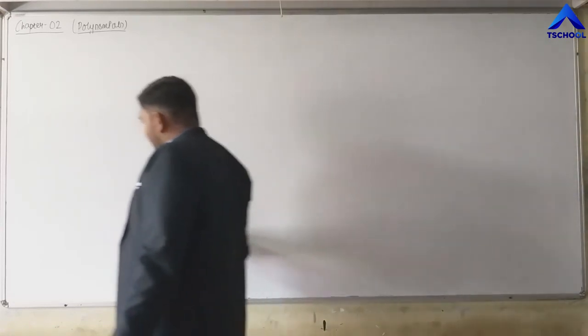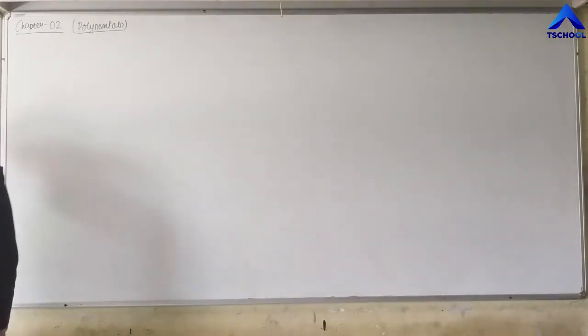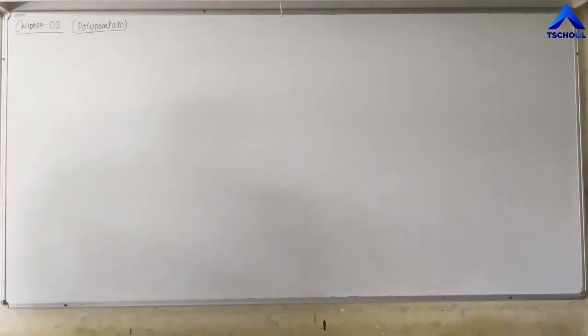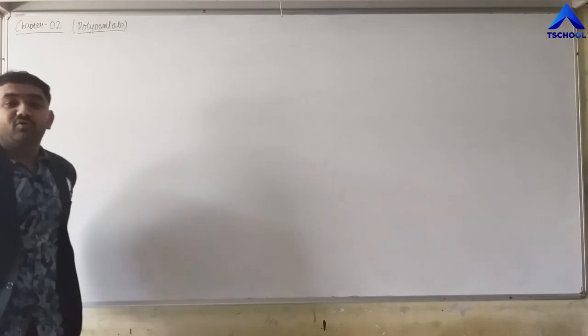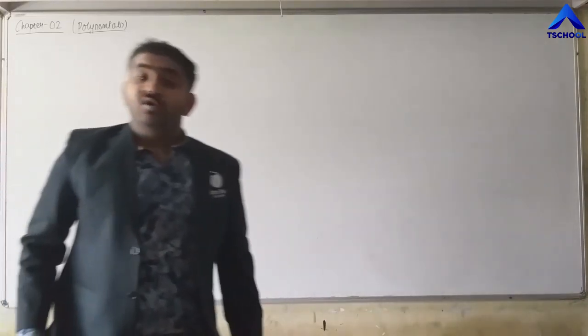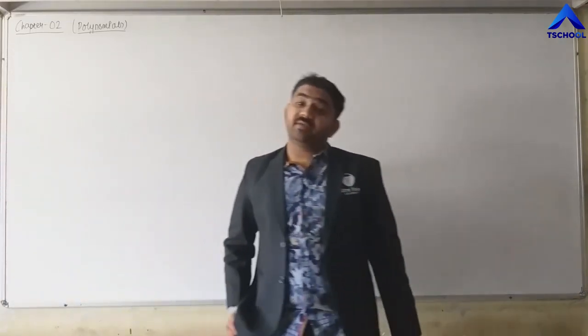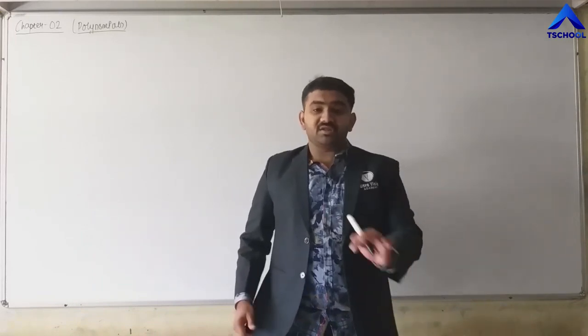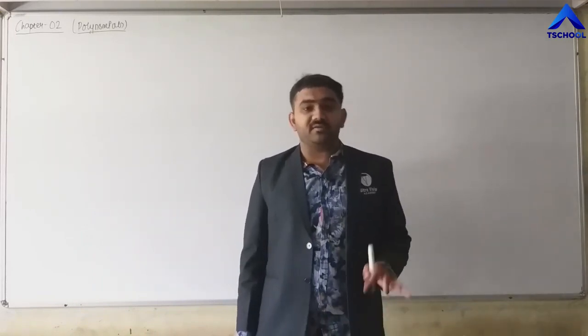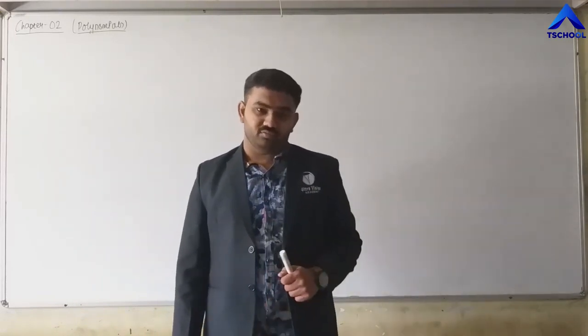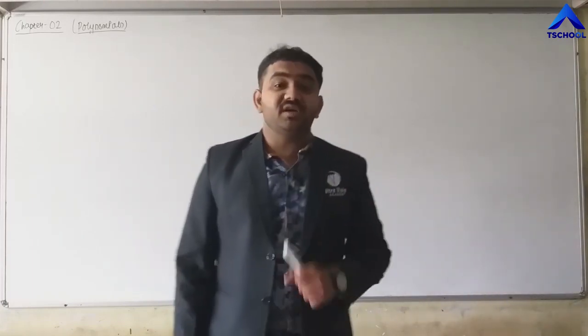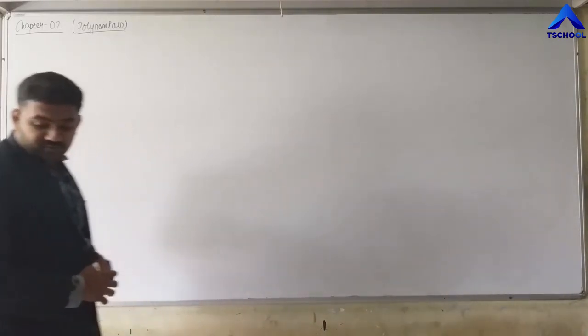So, let us move further with the next very small topic, that is finding out or forming a quadratic polynomial if the sum of the zeros and the product of the zeros are already given to you. What are given? Sum of the zeros and the product of the zeros.